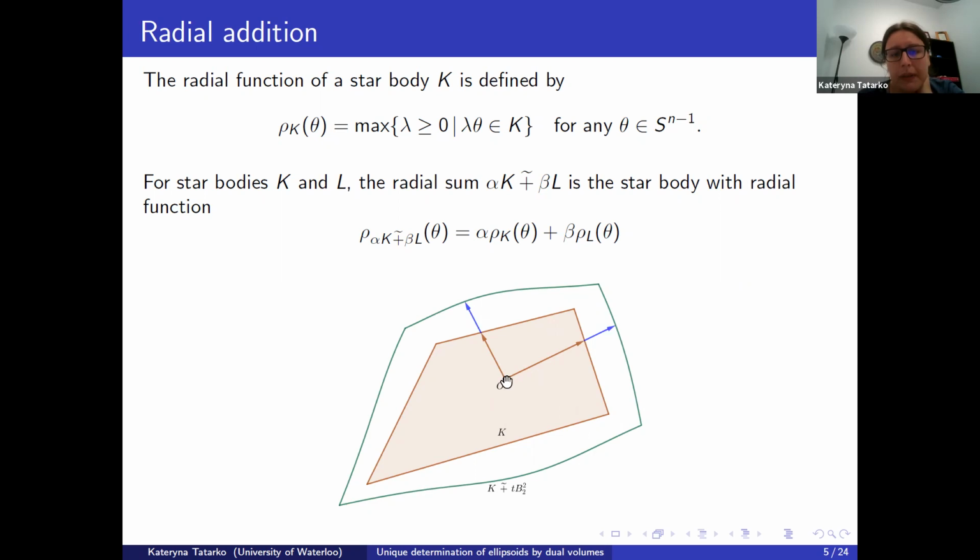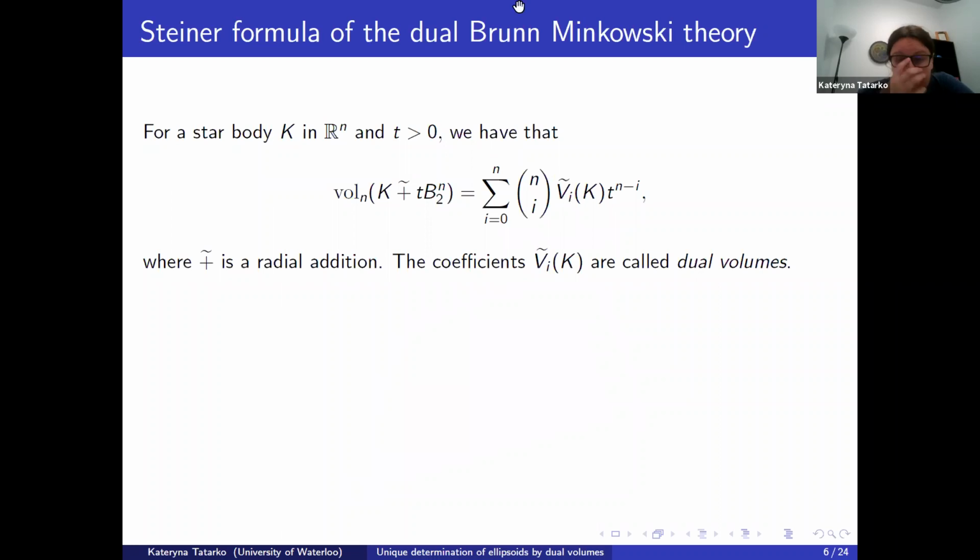The result will be the radial function in the direction theta of this new body, which we call the radial sum. Then, by analogy with the classical Steiner formula, there is a Steiner formula in the dual Brunn-Minkowski theory. Here, instead of a convex body we consider a star body K, and instead of Minkowski addition we now take the radial addition.